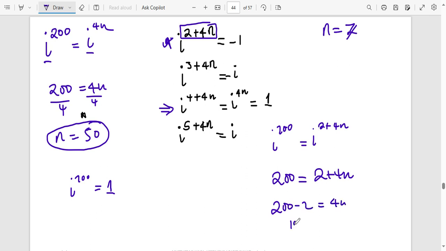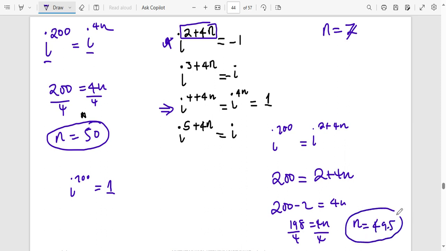That will give us 198 is equal to 4n. I divide both sides by 4. So what will n be? It will actually be 49.5.